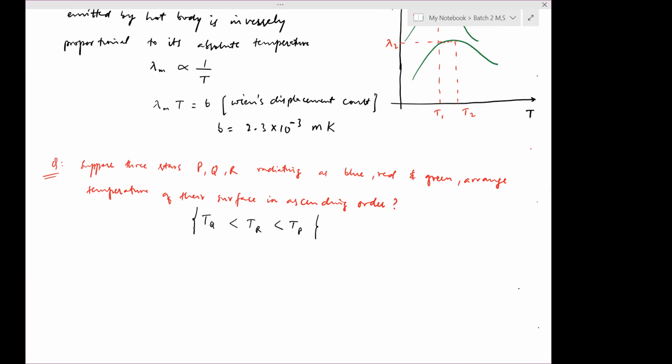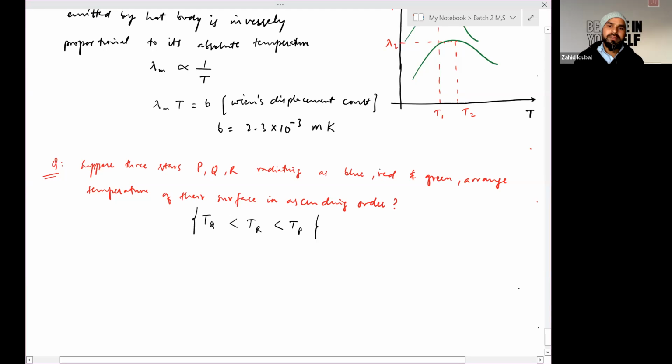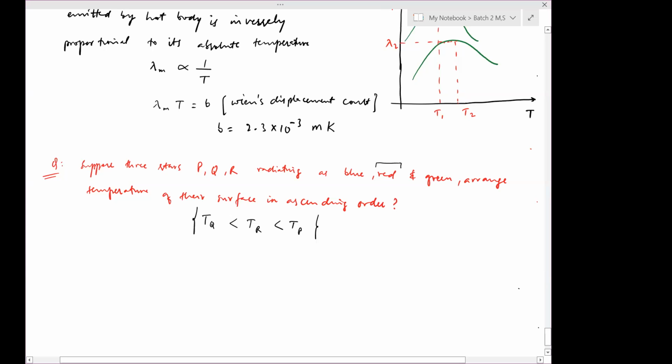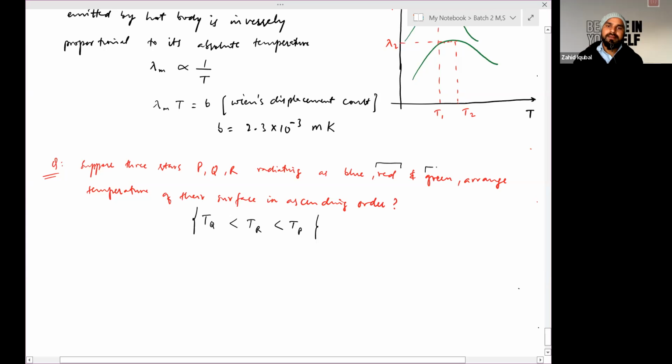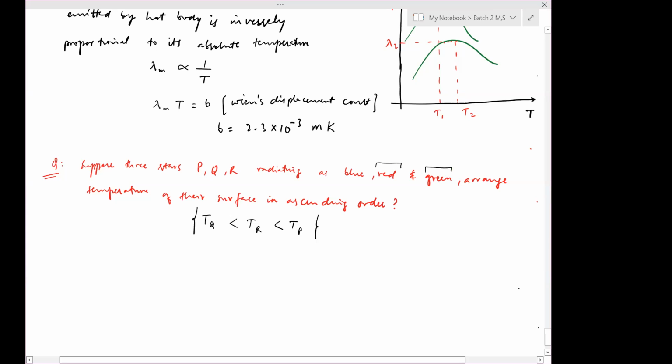Yes, sir. The answer is, first red, then green, then blue, right, sir? Red has the highest wavelength, so it will have the least temperature. Then it's the opposite for blue.